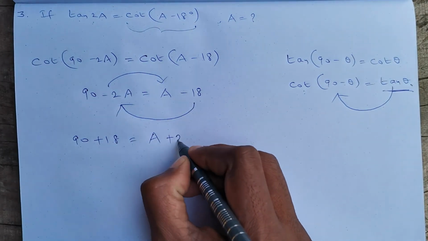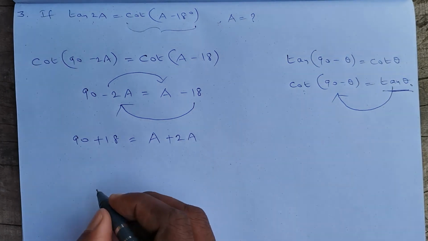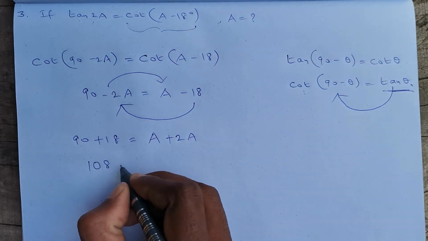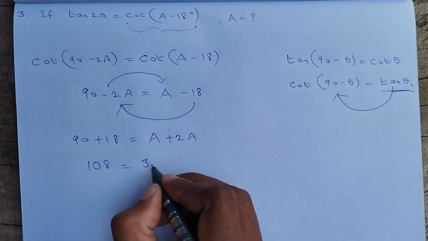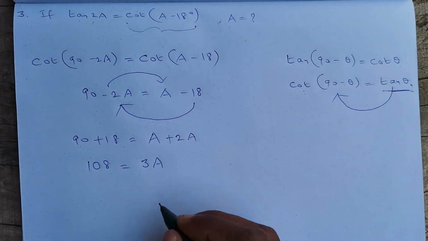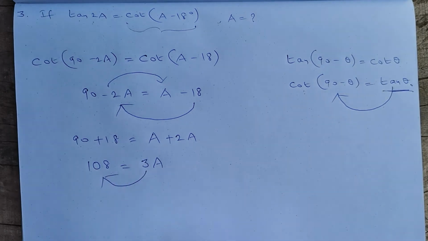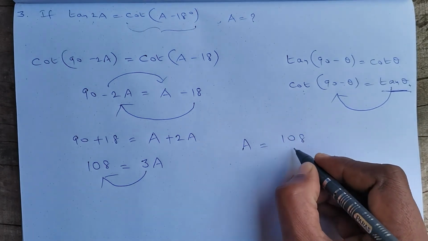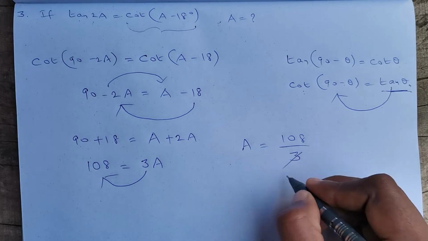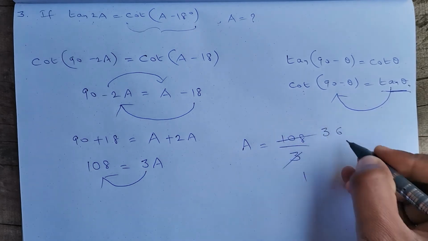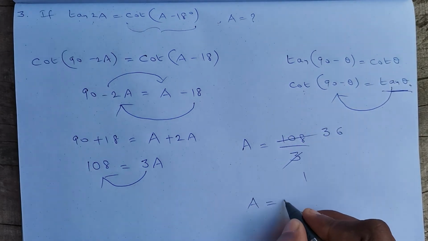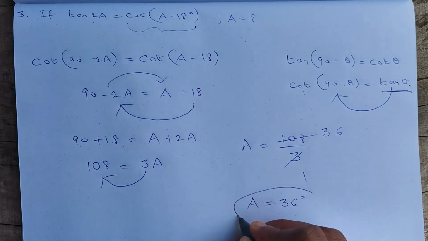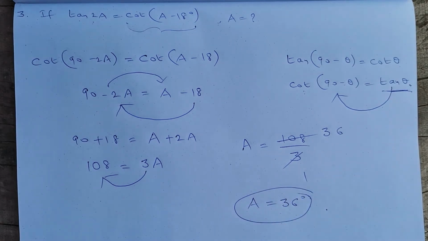So 90 plus 18, 108, is equal to A plus 2A, 3A. We want the A value, so I will take this 3 to the left side. So A equals 108 divided by 3. 3 ones are 3, 3 thirty-sixes. So A is equal to 36 degrees.